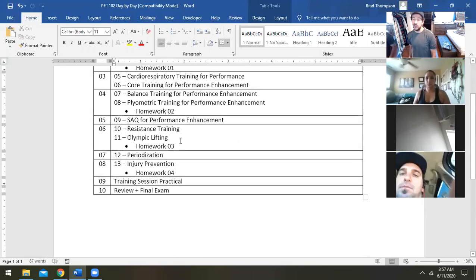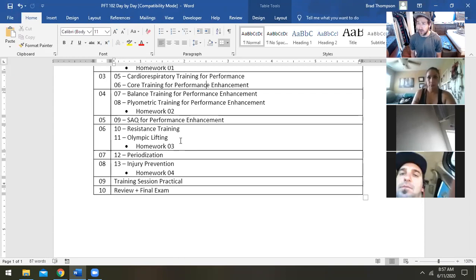Then we're moving through our OPT model, core, cardio and core training. So we're going to put cardio and core together. I don't know, maybe I'll move those things around, but that's the one that makes the most sense. So we'll go through that program design like we have in the past.